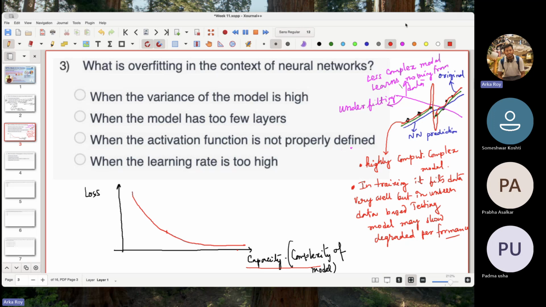So that means at the time of testing, his performance will be degraded. He will incur very high error. So this refers to the fact that at test time the result is degraded.